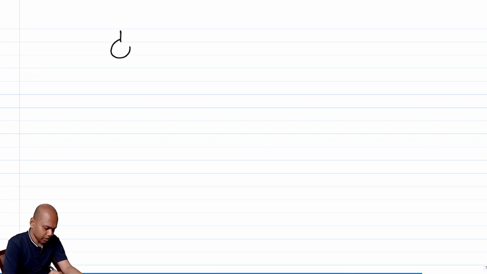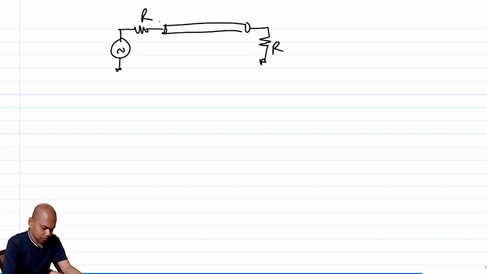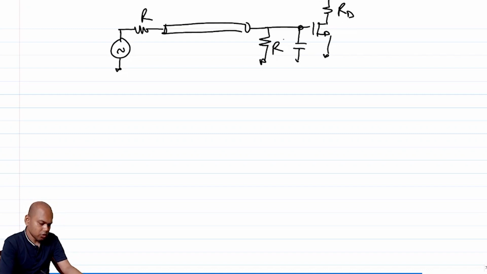What are the topologies of single transistor networks that we have? By the way, before we move on, let's complete the loop here. Let's complete the discussion. So this is Vi and that is Rd, and this is inside the chip.